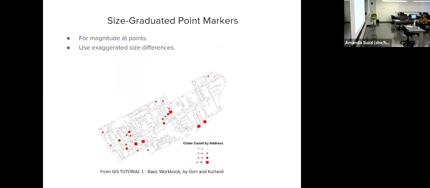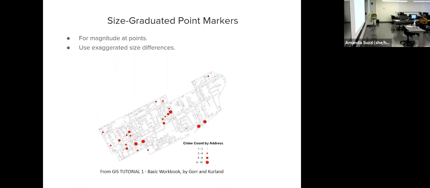You can also do graduated points. So this one's crime count by address. The more crime there is, the bigger the circle. What town is this? There's that much crime.